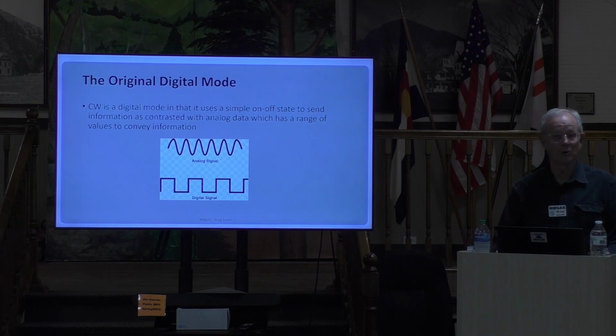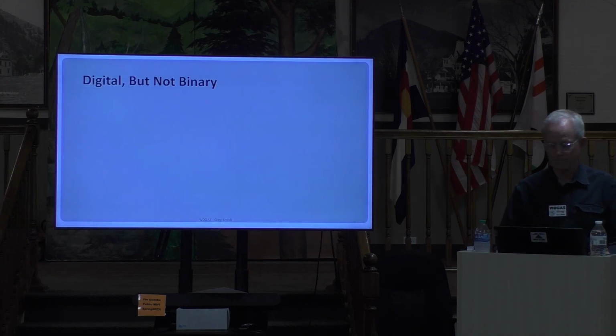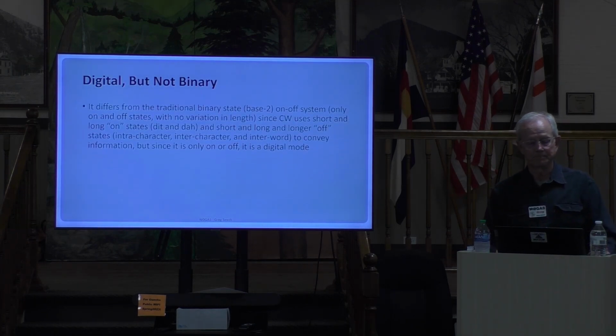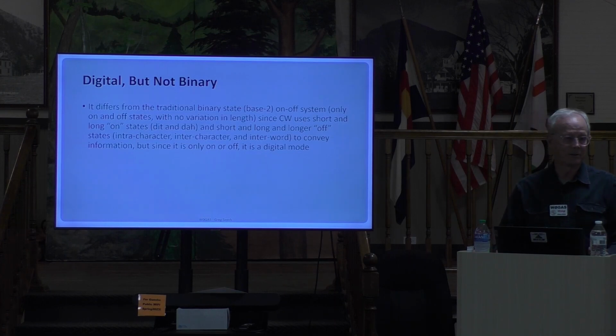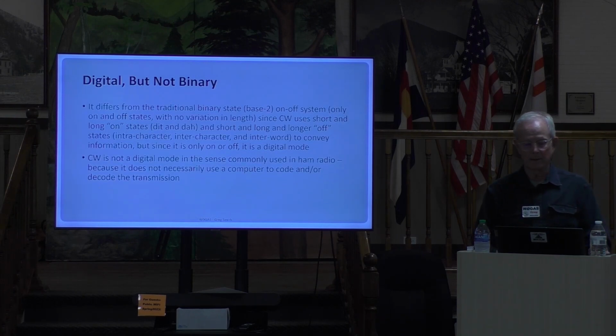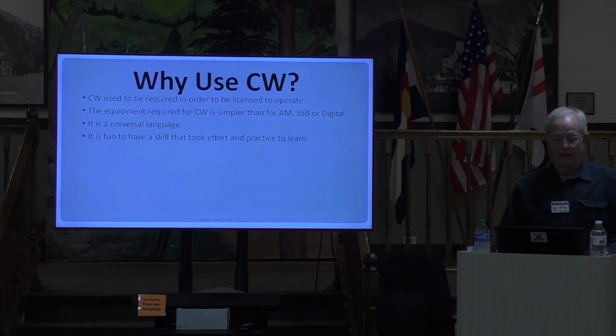Well, of course, Morse code doesn't work like that. So we don't use base 2. We have dits and dahs. They're of different lengths. We also have the gaps, and they're of different lengths. So that's the reason why we call it CW. It's really interrupted CW. It's continuous wave interrupted by the key.